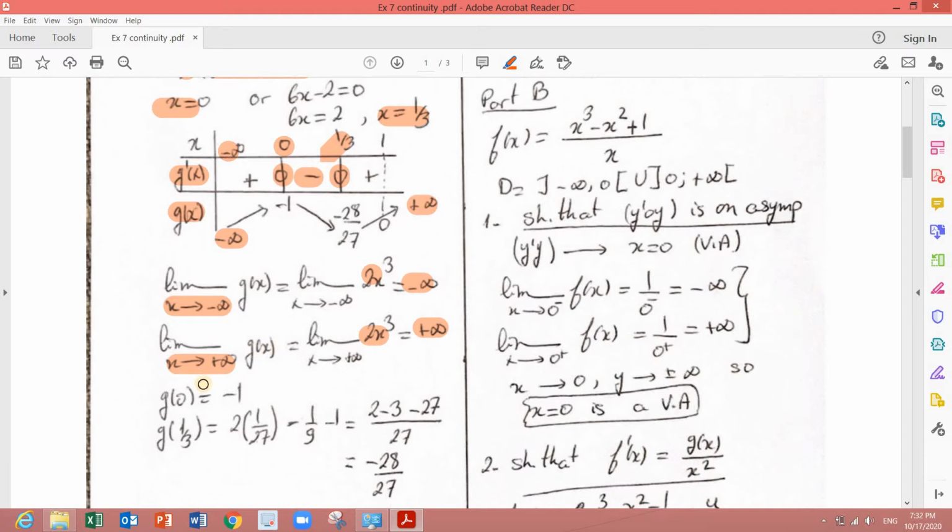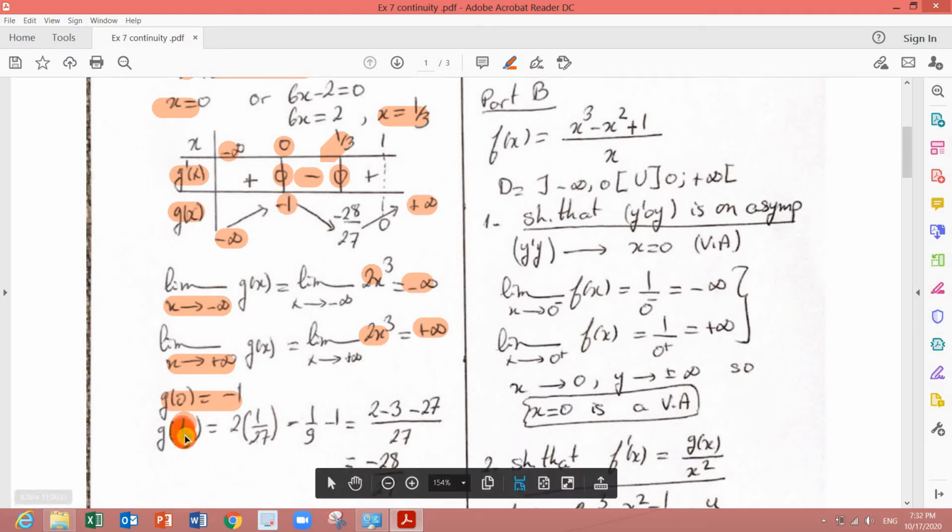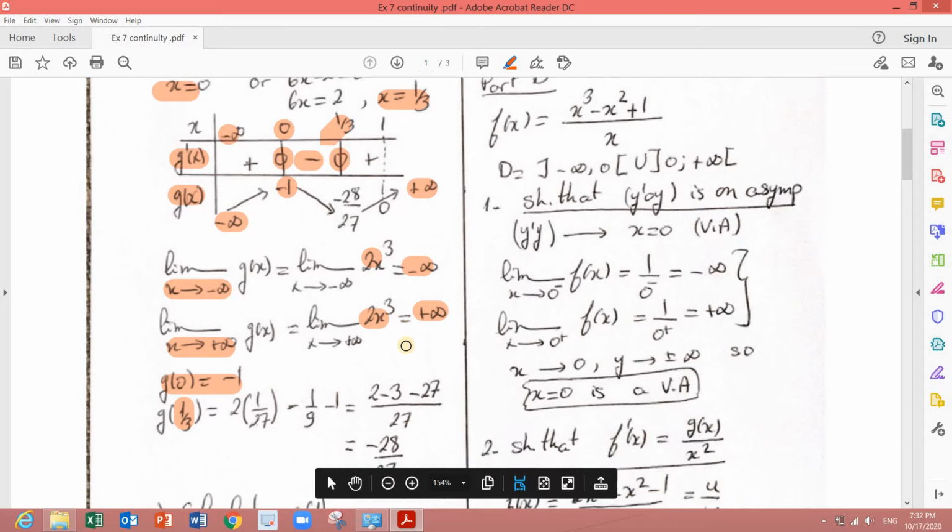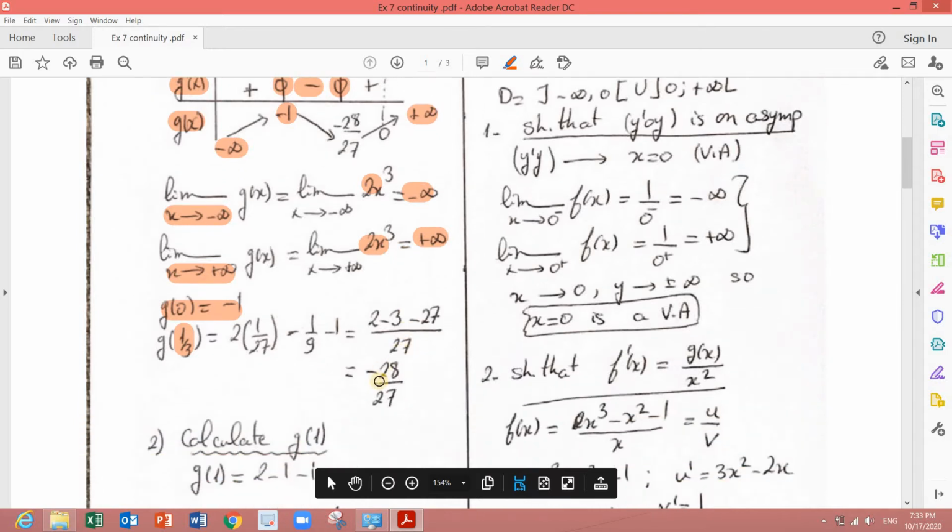The maximum, g of 0 equals minus 1. This is minus 1 here, the maximum. And g of 1 over 3 is equal to minus 28 over 27.